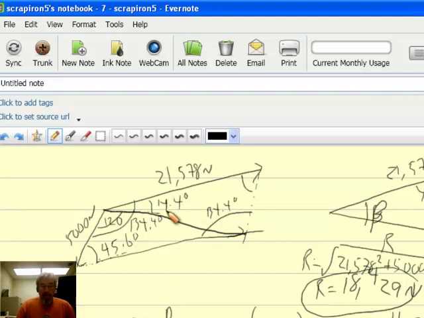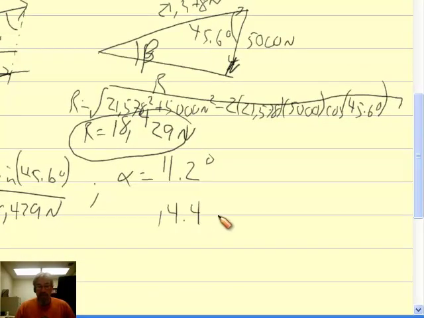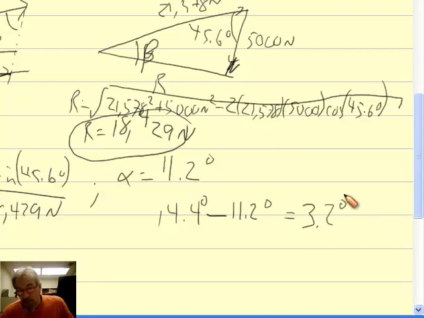So if I take that 14.4 degrees that the first resultant was towards the snowmobile from the pickup, and I subtract the 11.2 that this resultant is from that first resultant, confusing just to even talk about it, I should end up with 3.2 degrees. And that's lucky that that worked out. And that's encouraging that it worked out, because 3.2 degrees is the angle that we found out with the other methods.